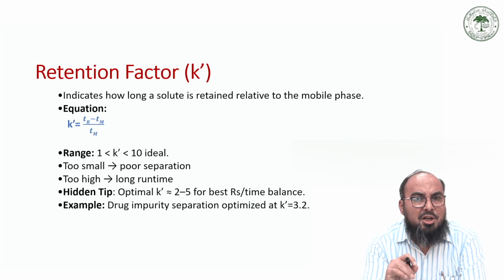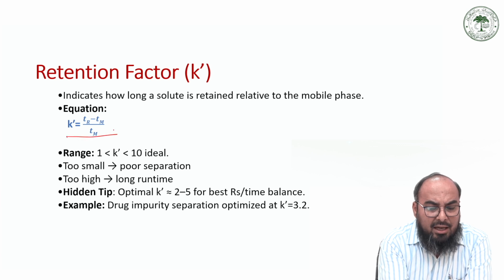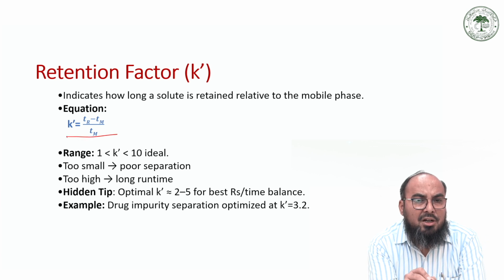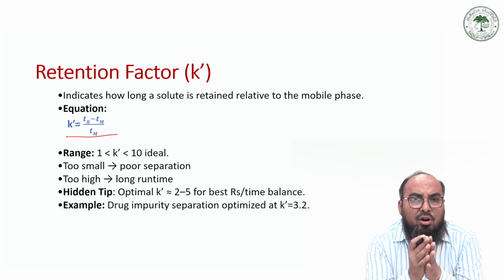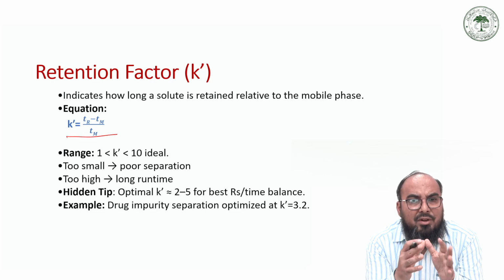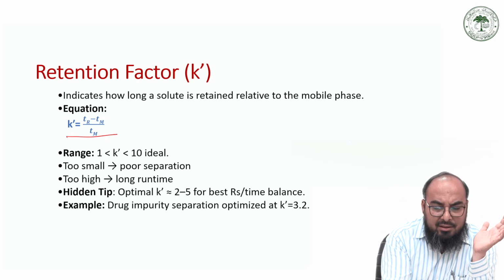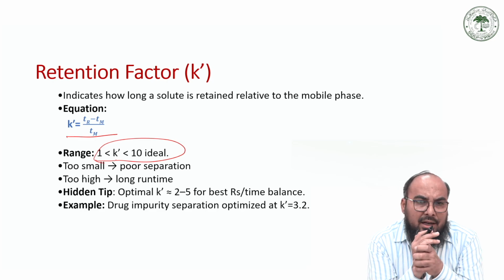So retention factor, we already know that it can simply be given in terms of TR minus TM upon TM, where TM is the dead time and TR is the retention time, which tells you how strong the interaction of your solute molecules with the stationary phase is. So the range we have estimated from a given data, and K dash is found to lie between 1 to 10, because K dash is again a dimensionless quantity.